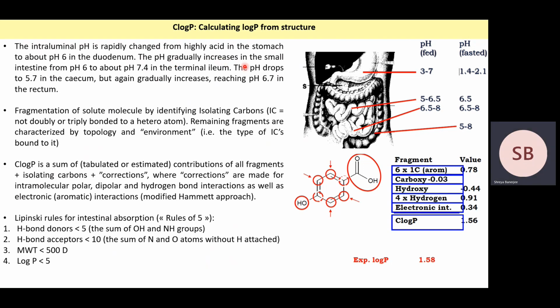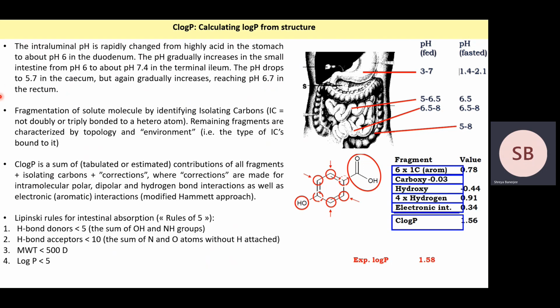The pH gradually increases in the small intestine from pH 6 to about pH 7.4 in the terminal ileum. The pH drops to 5.7 in the cecum, but again gradually increases, reaching pH 6.7 in the rectum.